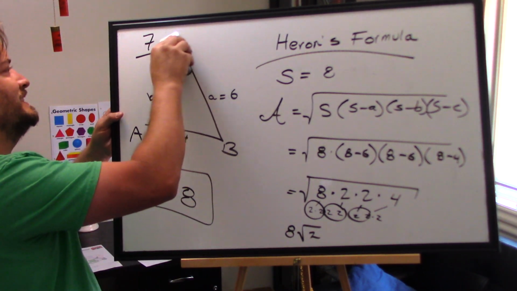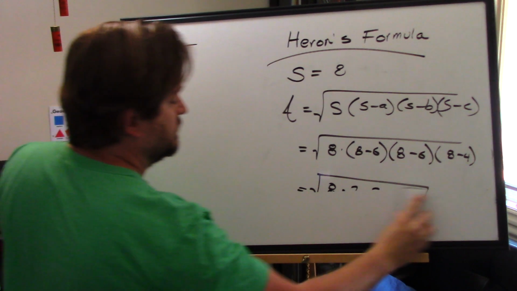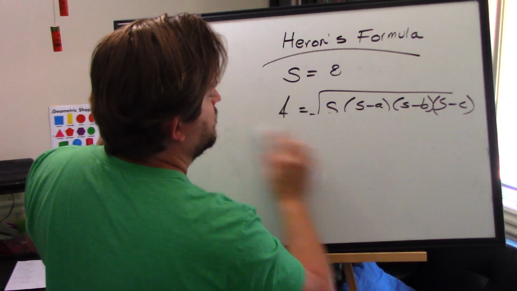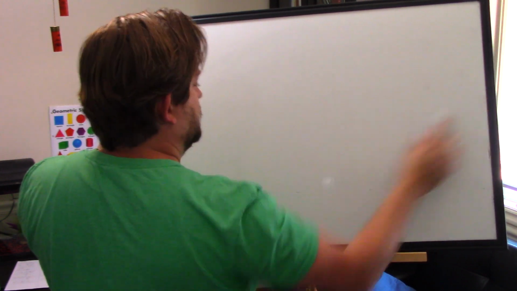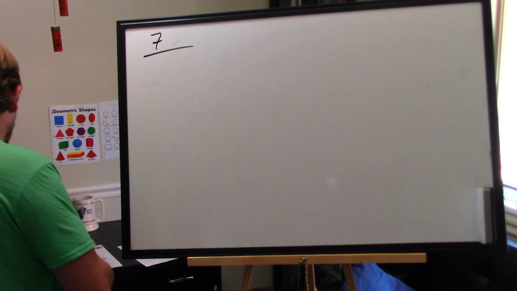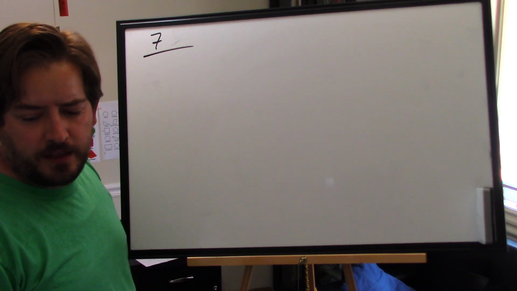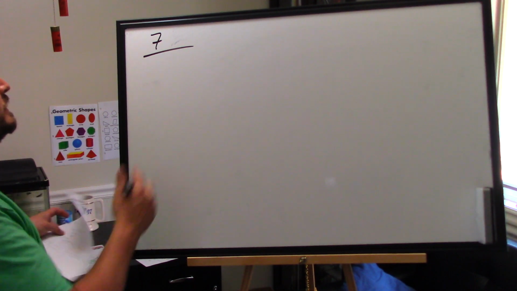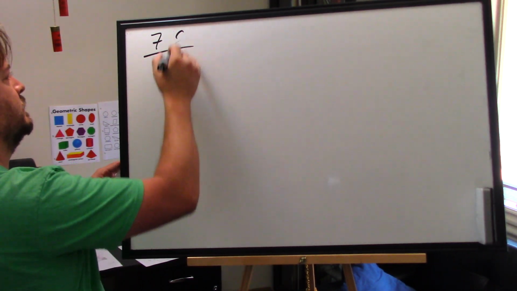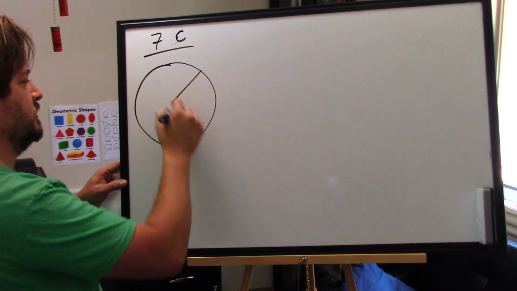Let's look at 7C. What does 7C say? Find the area of the shaded region. So we have this circle here, and some angle here.